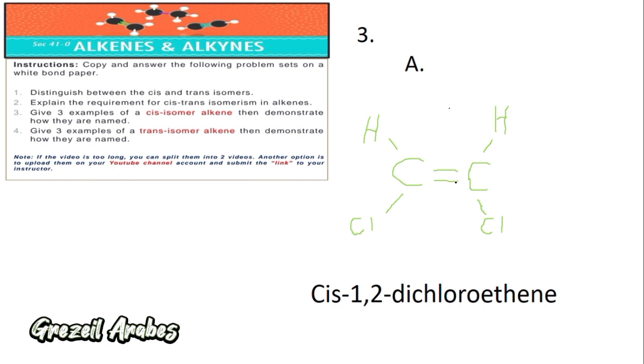It said that first, rotation must be restricted in the molecule. So here it is, ma'am. And then the next rule is there must be two non-identical groups on each double bonded carbon atom.